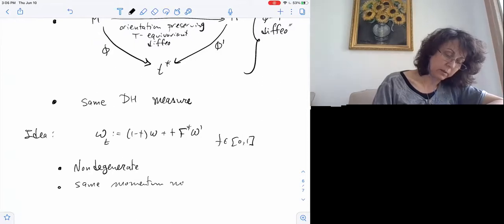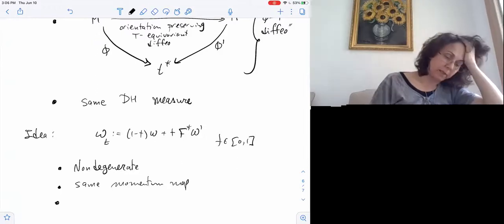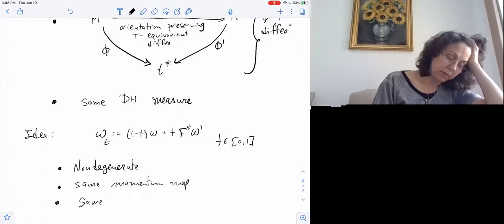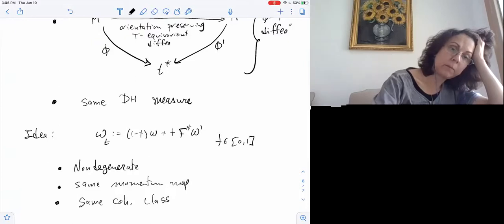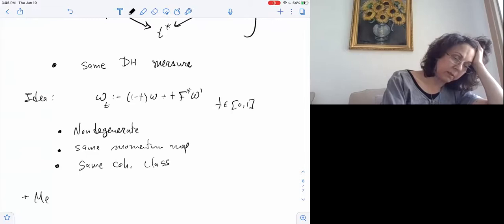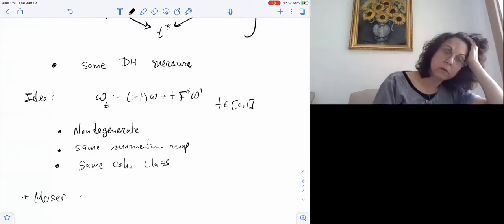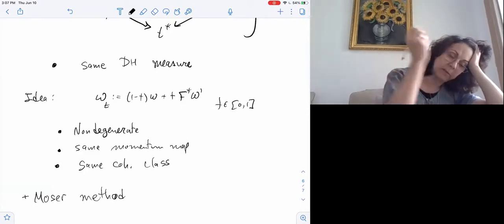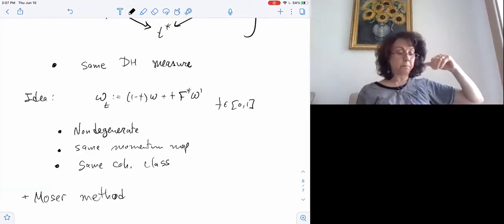This is not hard. And again, with the help of the assumptions, including the fact that this is the same Duistermaat-Heckman measure, we conclude that this has the same cohomology class. And then you apply, for those of you that are familiar with Moser's method, a version of Moser's method that keeps track of the torus action and the momentum map. And Moser's method will tell us that this whole one parameter family of symplectic forms are all isomorphic to each other.